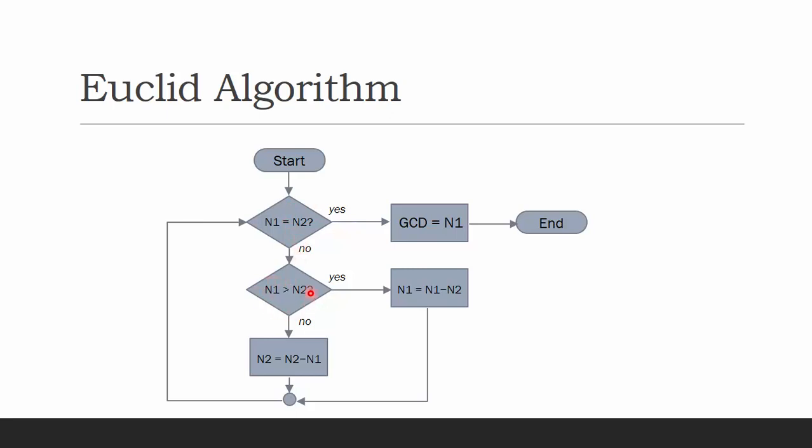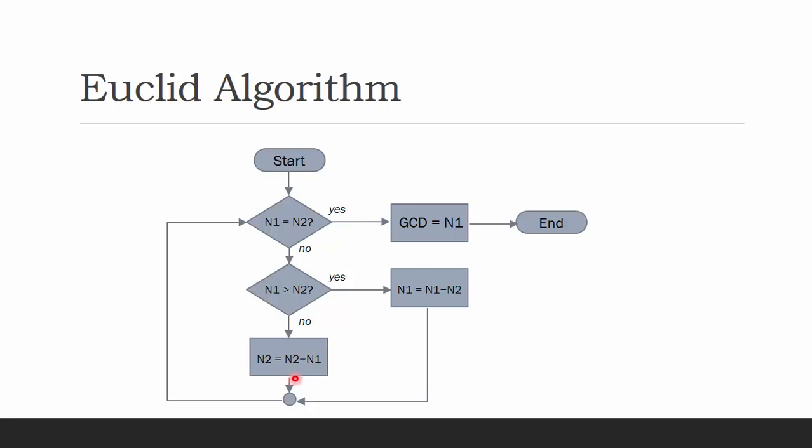But in this decision, if this is no, which means we already tested that the two numbers are not the same, and N1 is not greater than N2, which means in this case N2 is larger than N1. So we subtract N1 from N2.